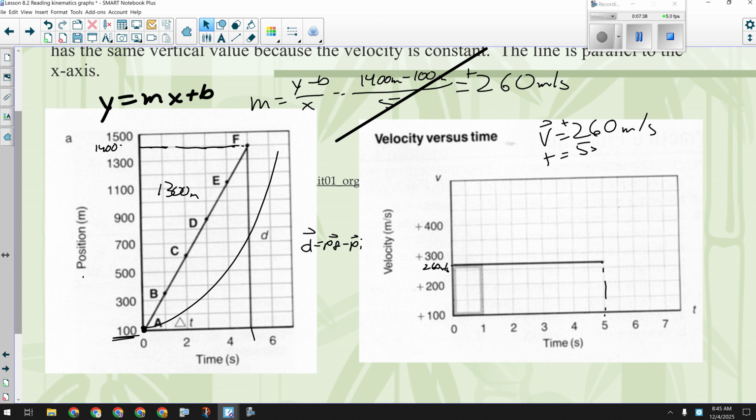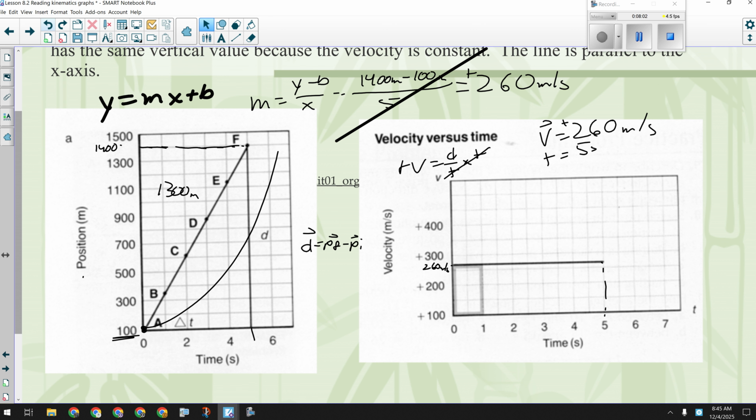Okay, so multiply both sides by t. Okay, t comes over here. Okay, divide both sides by v. All right. Oh, sorry, I'm supposed to be solving for d. I don't have to do the v part. Okay, so I multiply both sides by t, and I'm there.